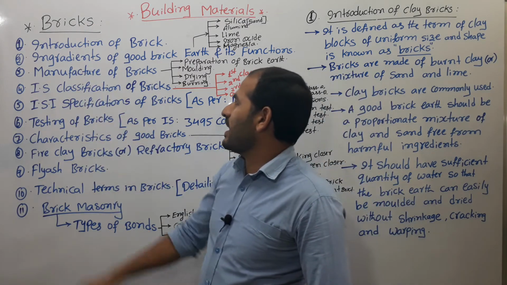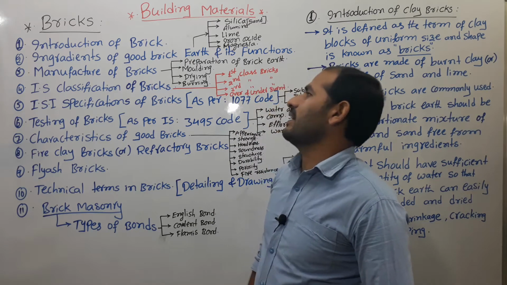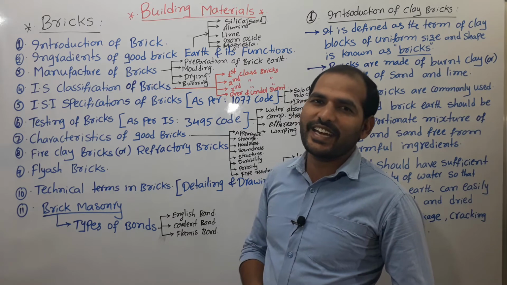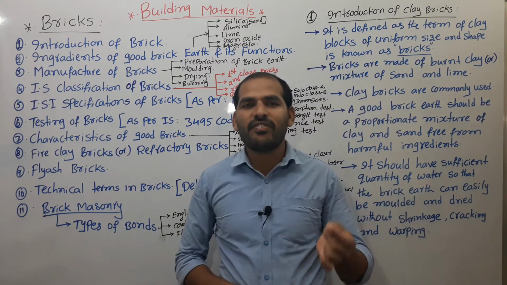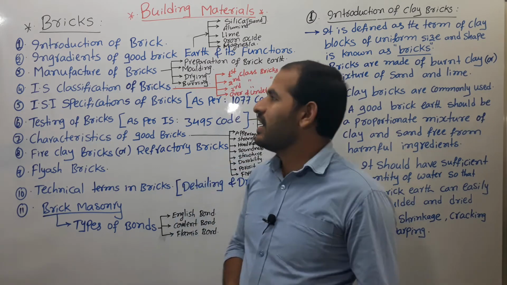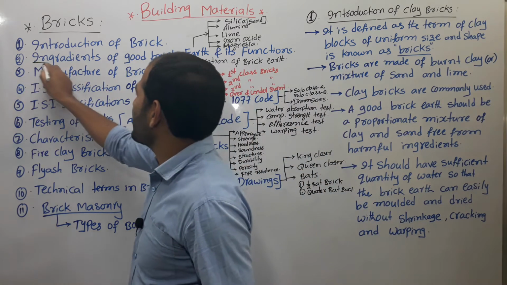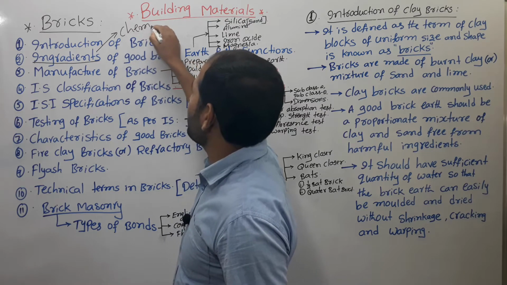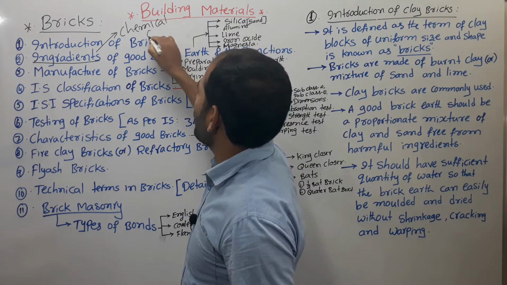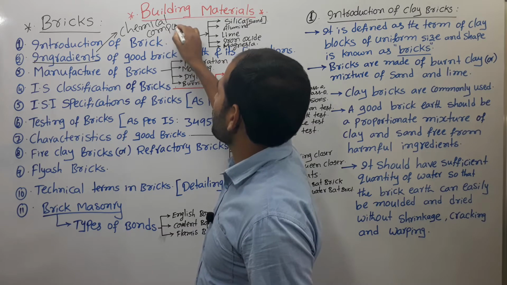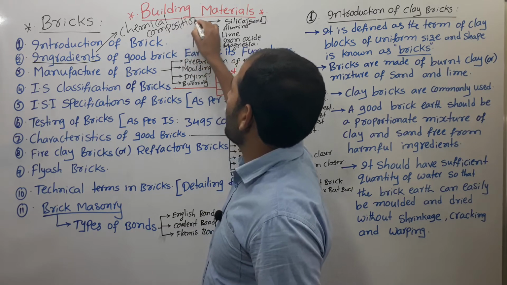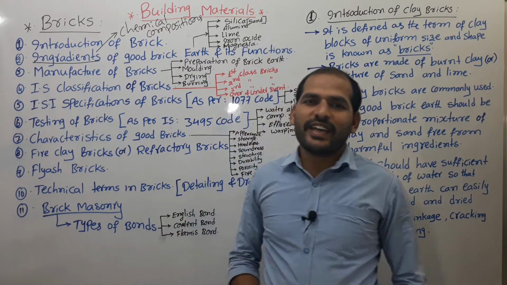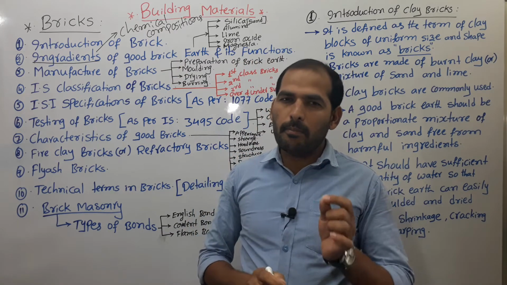And the next one is the ingredients of brick, ingredients of good brick earth. What are the ingredients of bricks, and what is the function of those ingredients, right? These ingredients are also known as the chemical composition of brick earth, right?